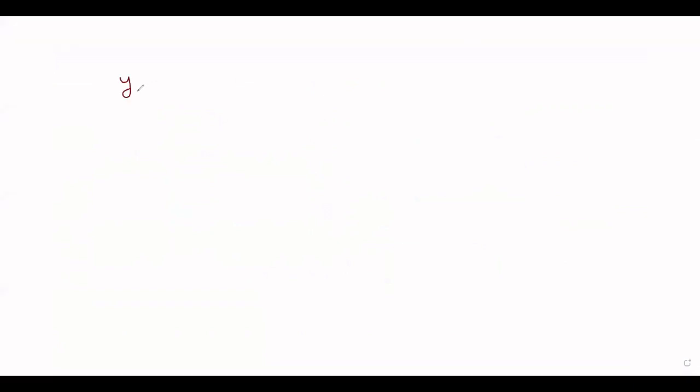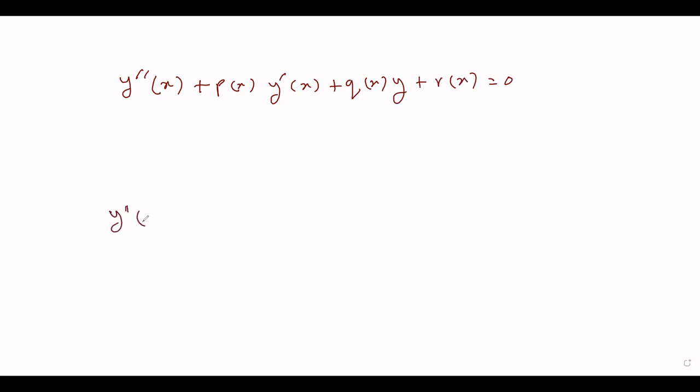The first initial value problem is y double prime x plus p(x) y prime x plus q(x) y plus r(x) equals to 0. And the second one is almost similar.